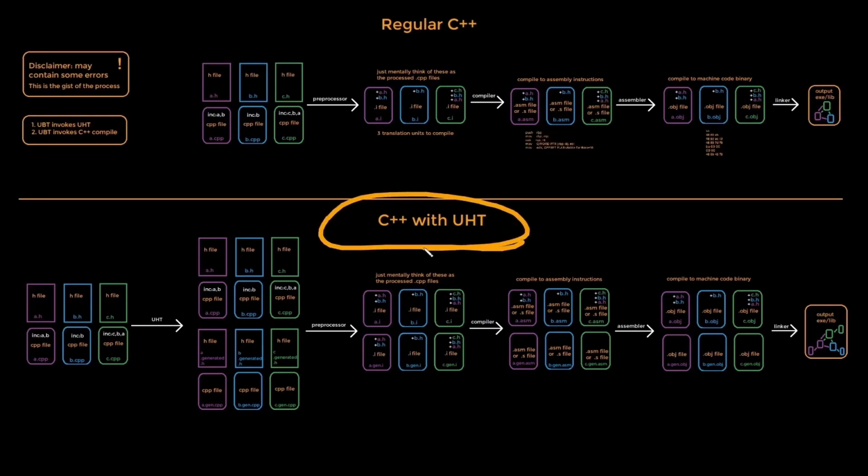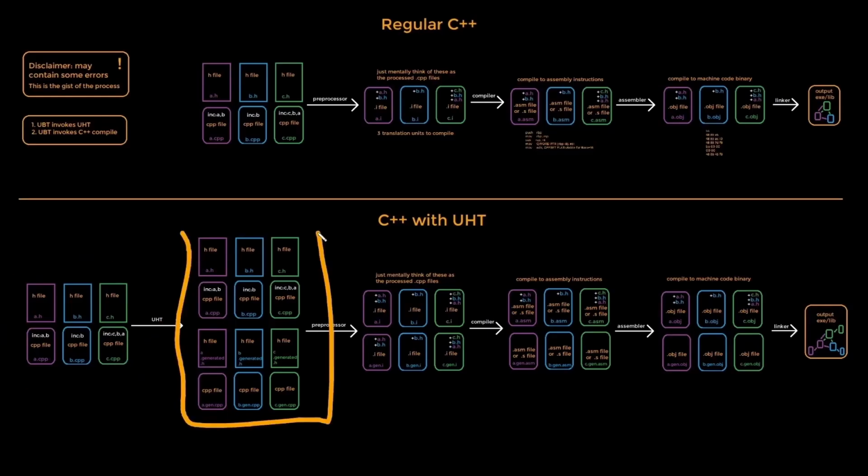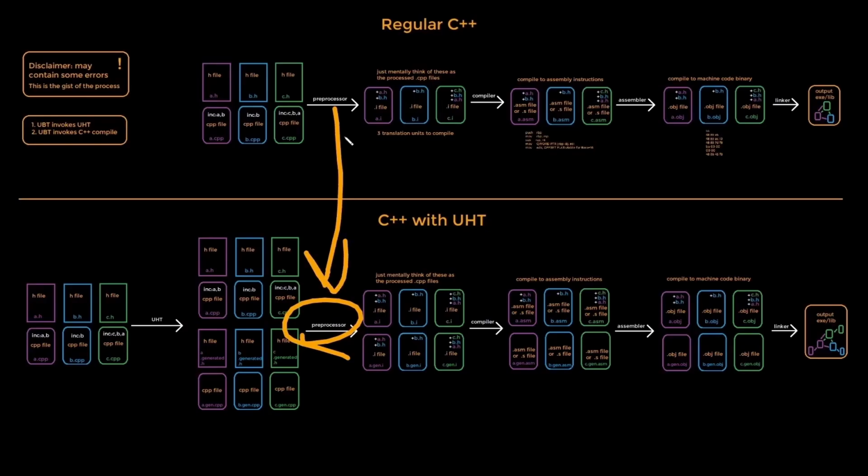But if we consider it with UHT and how that works, we start out with the same set of files. We have this header file, CPP file. We run UHT, which then generates .generated.h files and .gen.cpp files. So from these 6 files, we now have 12 files. And then we run the preprocessor again, same step. And that preprocessor copy and pastes all the .h files into their .cpp files that are needed. And we get this sort of intermediate form.